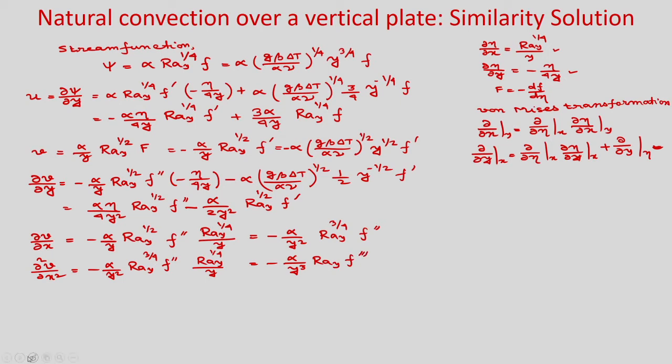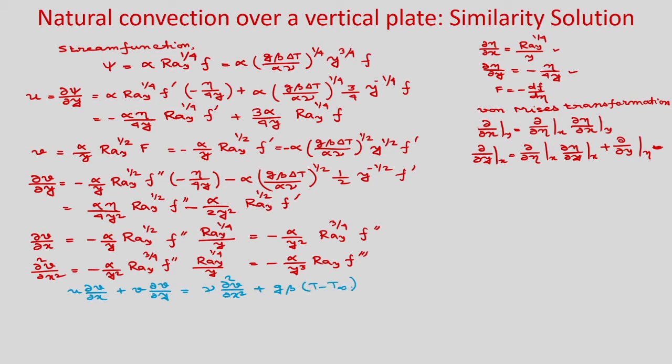Okay. So, now let us put all these in the momentum equation. What is your momentum equation? u del v by del x plus v del v by del y is equal to nu del 2 v by del x square plus g beta (T minus T infinity).